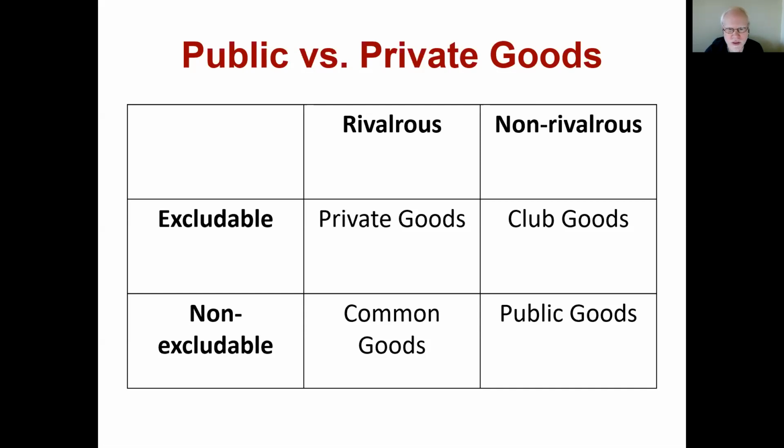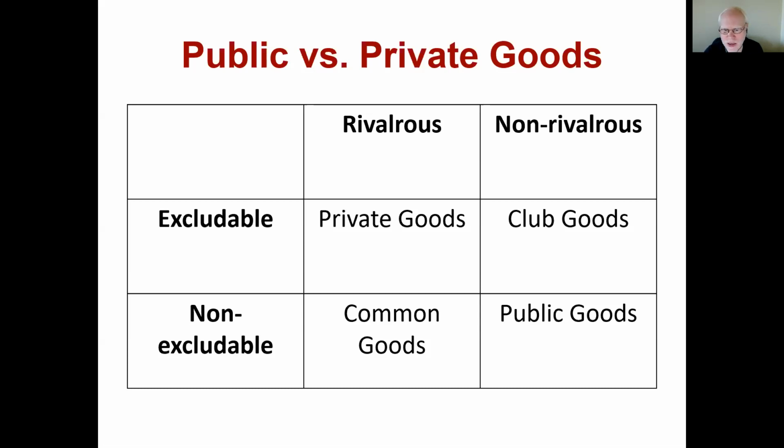Common goods are ones that are rivalrous but non-excludable. You can't block people from participating in it, but when everybody who participates uses up some of it. In this case, we're talking about, say, fishing stock in public waters, particularly international waters.